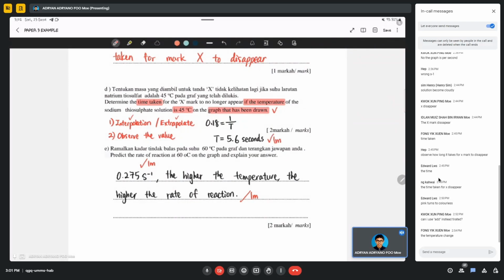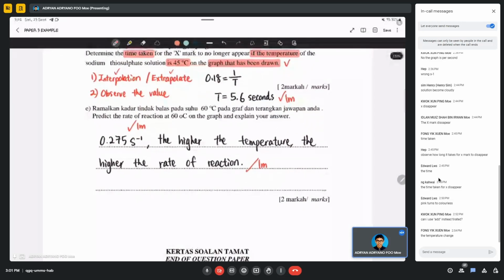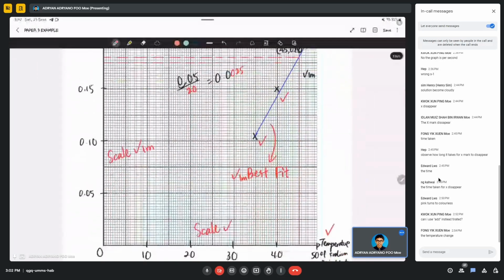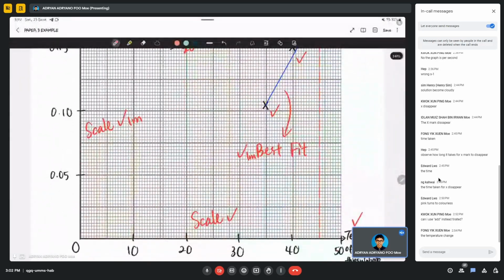Alright, okay, then lastly, if this kind of predict, remember predict is also based on your graph. But for this one, you can choose to draw or not draw the dotted line. My suggestion is to draw, because predict is based on the graph. So what if, like in this case, you cannot predict? You can ask for another paper and draw another graph.